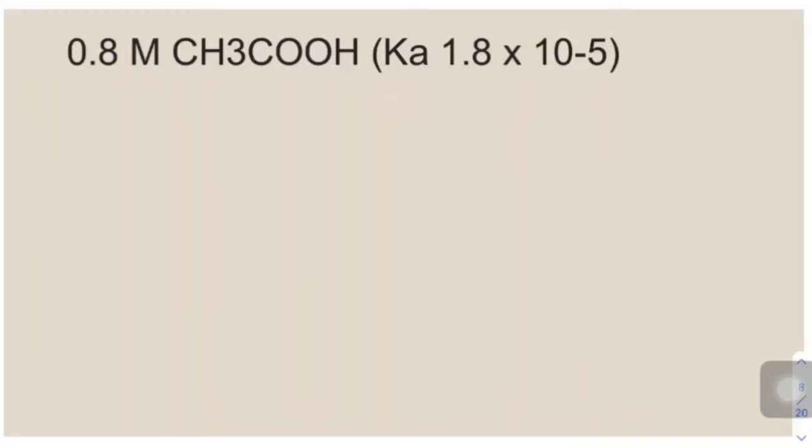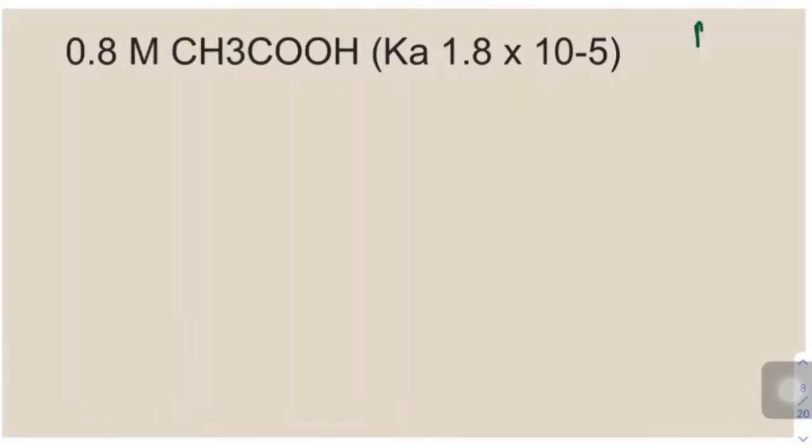So to determine the pH of a weak acid, we have to bear in mind that if initially we have 0.8 molar of the acetic acid, we'll never get 0.8 molar, or the same concentration, of the hydronium ion that is liberated, because this is a weak acid that is partially ionized. Okay, so let's write the target.